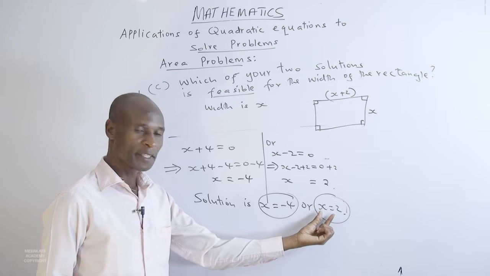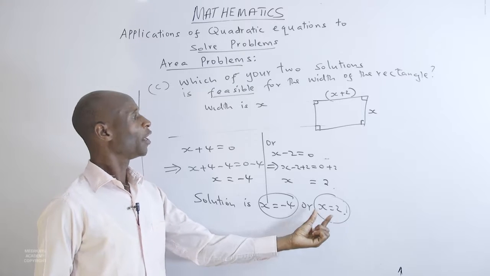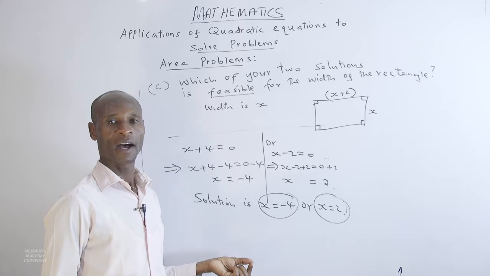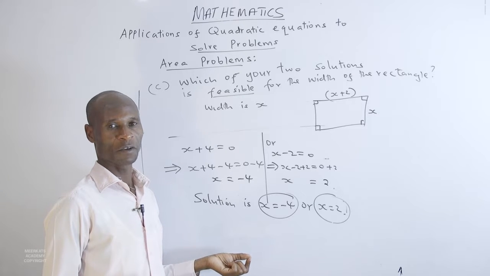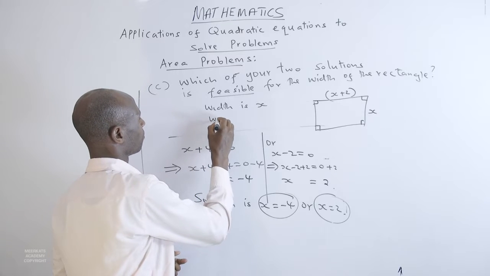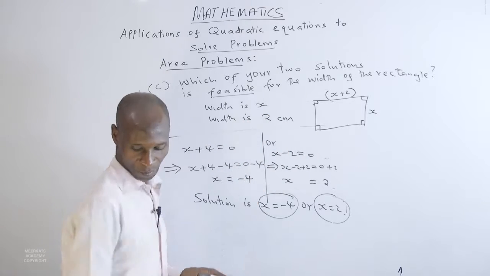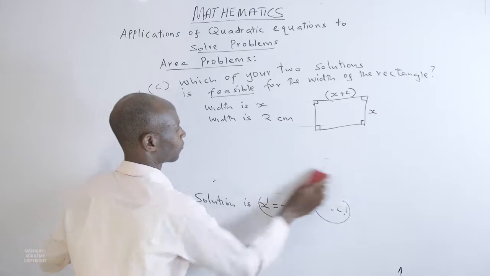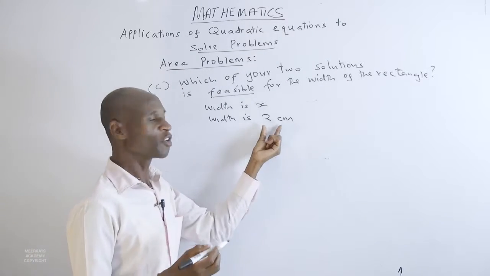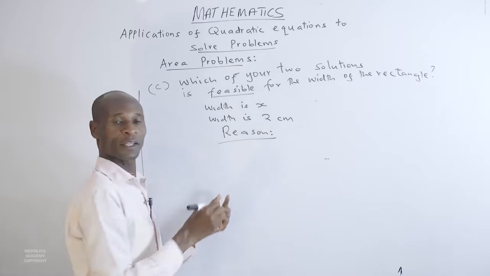So class, which one is reasonable? I believe you have discovered that x is equal to 2 is reasonable because the dimensions of a figure are always positive, and therefore the width is 2. So the reason, what is the reason? Class, what is the reason?